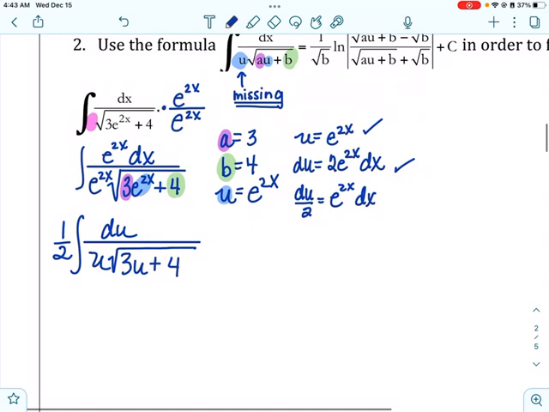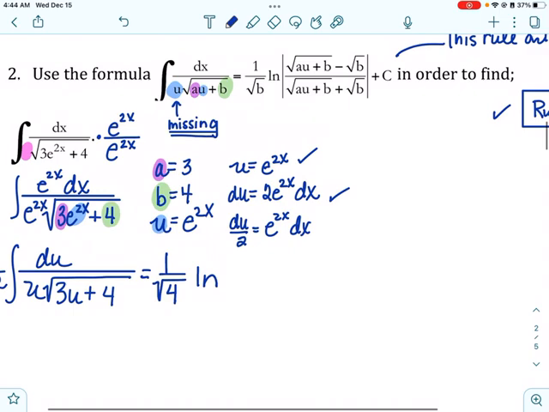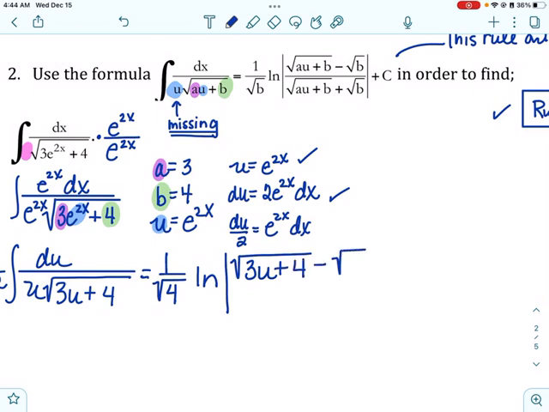So I'm going to put the formula down here. It's going to be 1 over the square root of b, remember b is 4, ln of the absolute value of the square root of a, which is 3, so it's going to be 3u plus b, which is 4, minus the square root of b, which is 4, all over.